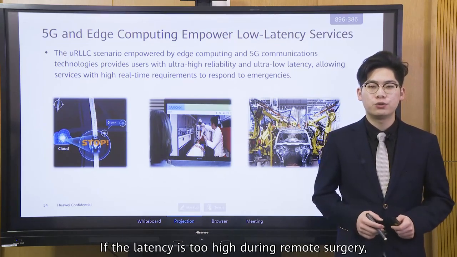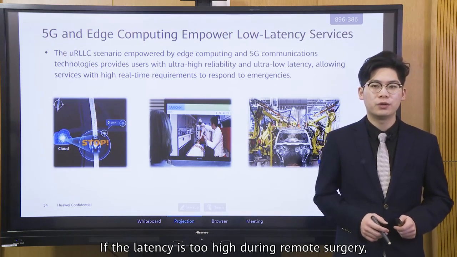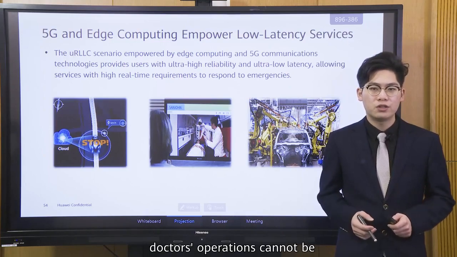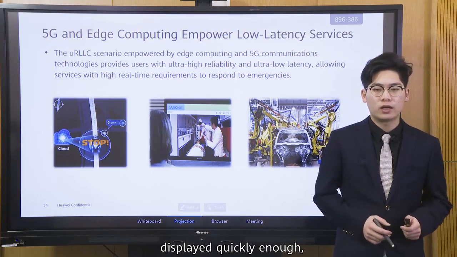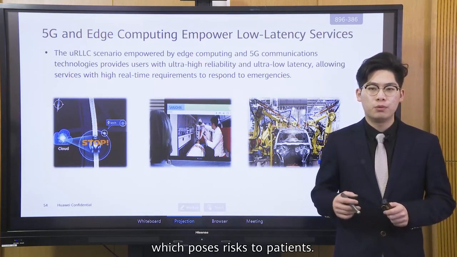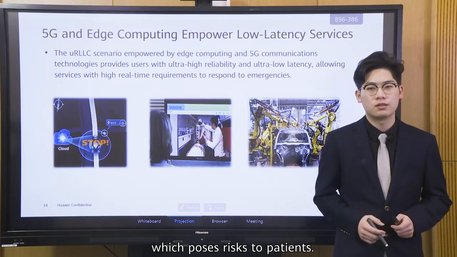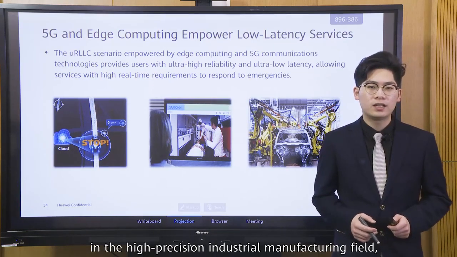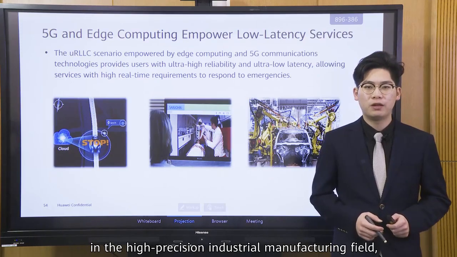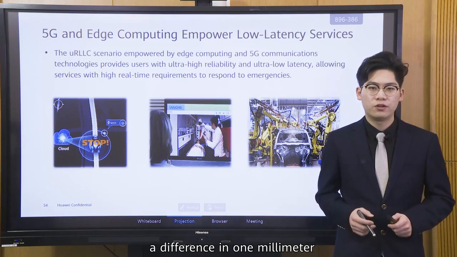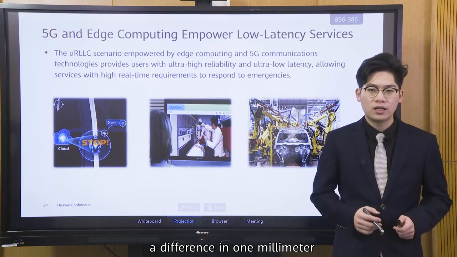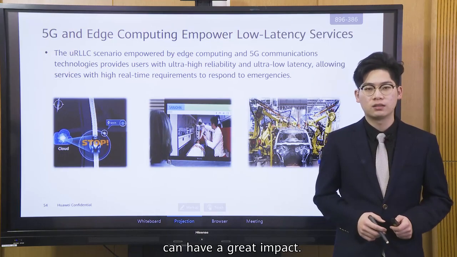If the latency is too high during remote surgery, doctors' operations cannot be displayed quickly enough, which poses risks to patients. Furthermore, in the high-precision industrial manufacturing field, a difference in 1 mm can have a great impact.